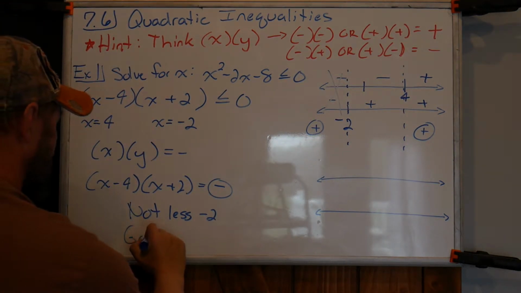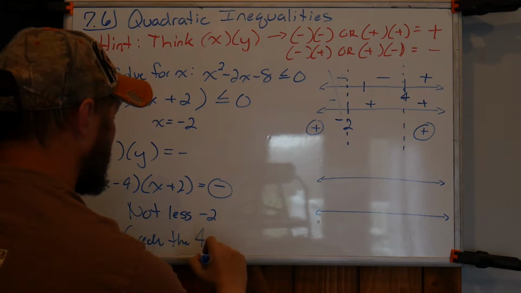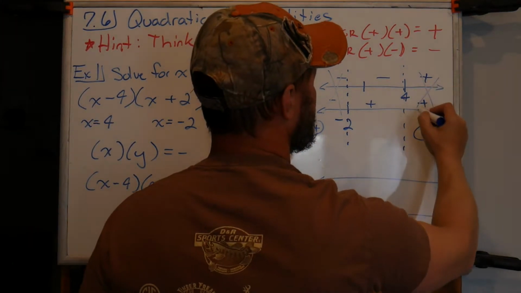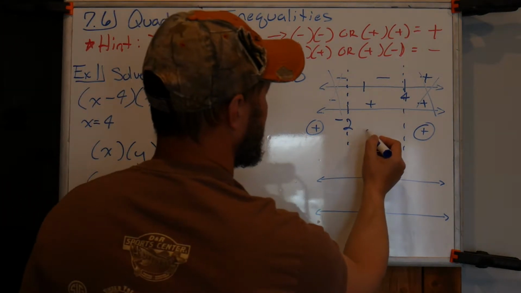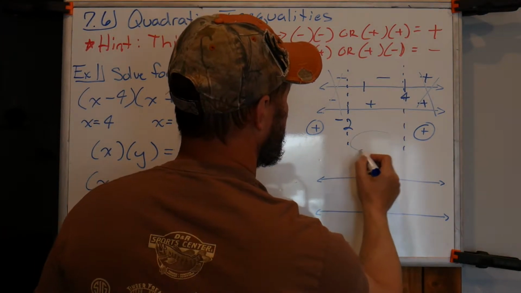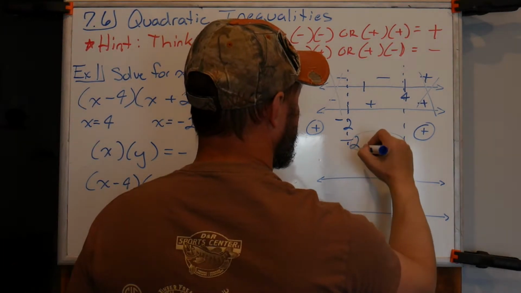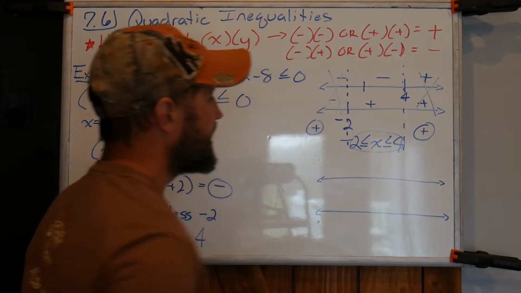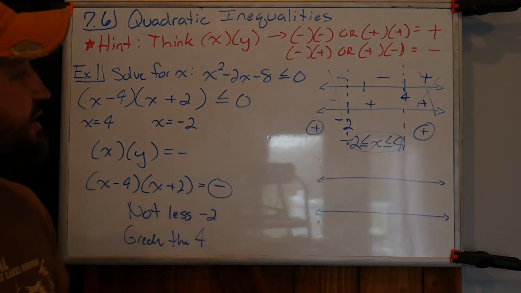We're not talking greater than 4 because those are positive. So what am I left with? I'm left with this area between the two. I have -2, my x is there, and then 4. So my x is greater than or equal to -2, less than or equal to 4.